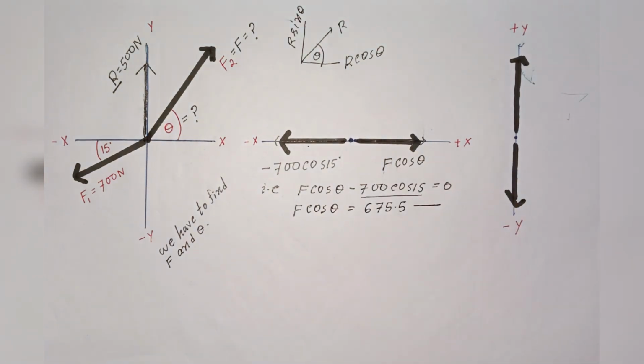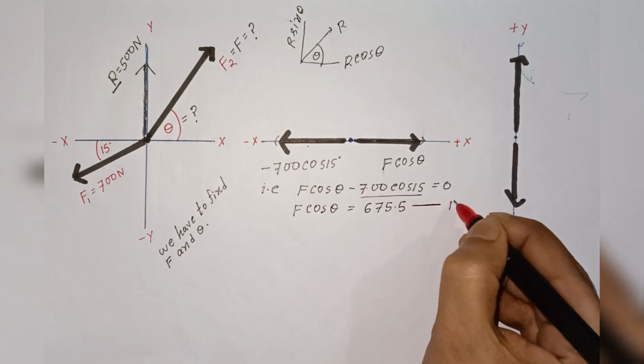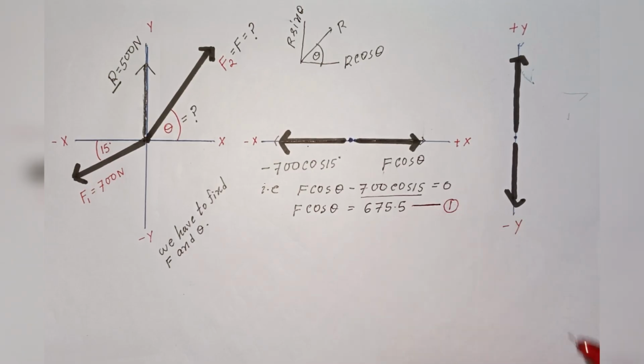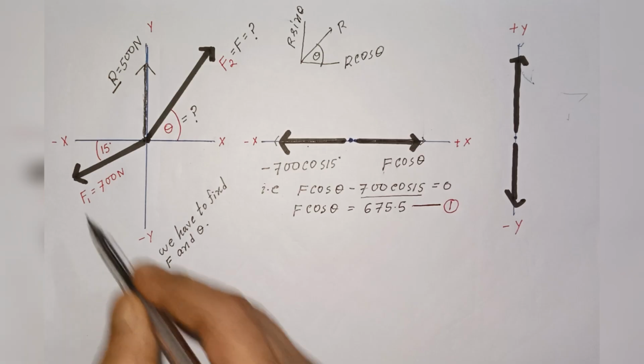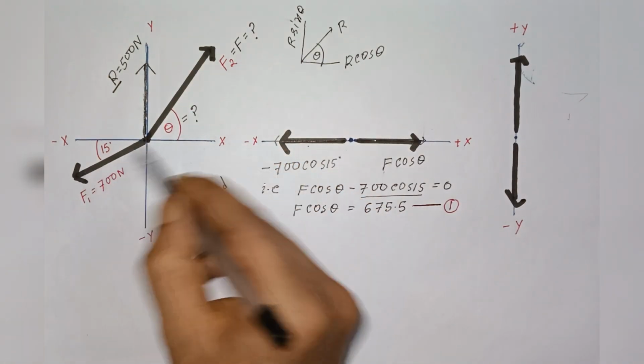I already poured my brain there in detail, don't make me repeat. After doing some math gym simplification, we got F cos theta equal to 675.5. Let's call this our VIP guest, equation number 1.